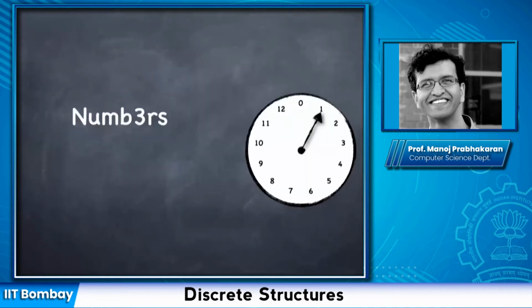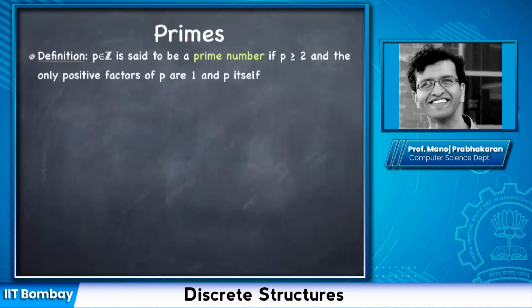An important concept for integers is that of prime numbers, and we'll see today the fundamental theorem of arithmetic about prime factorization of integers. So to begin with, what's a prime number? It's an integer which doesn't have any other positive divisors other than 1 and p itself.